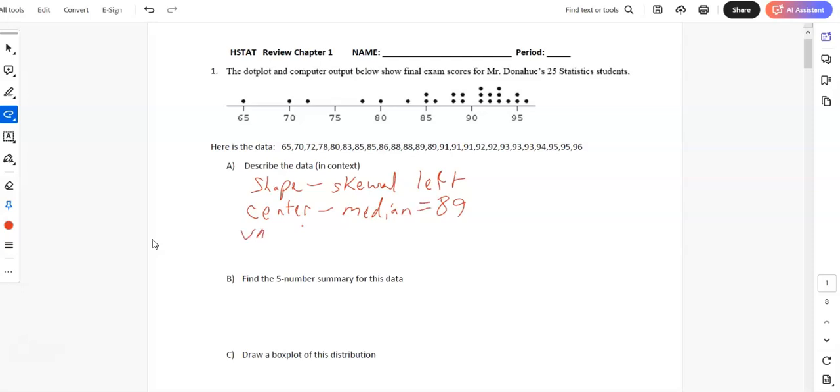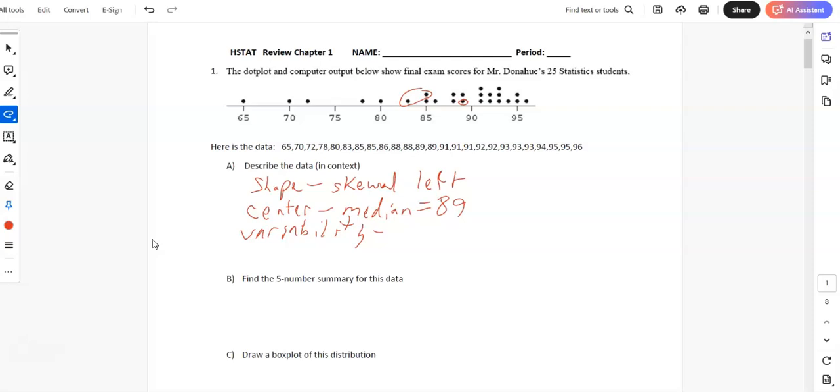Measures of variability. So you could choose different ones. IQR would be a really good one. So this is the middle point right there. So there are 12 data values to the left of that. So 1, 2, 3, 4, 5, 6.